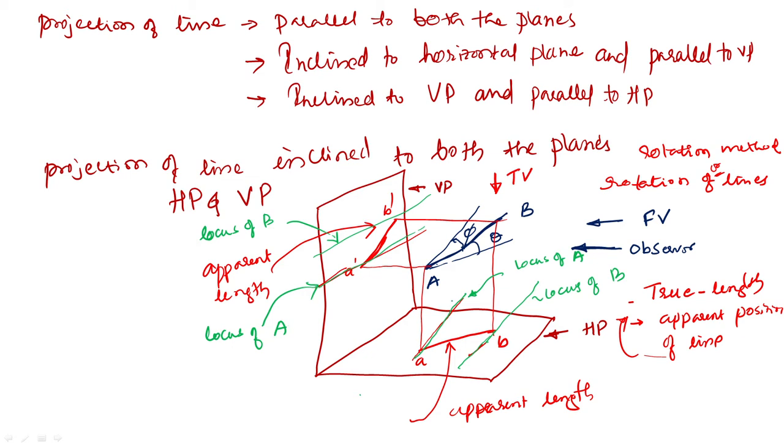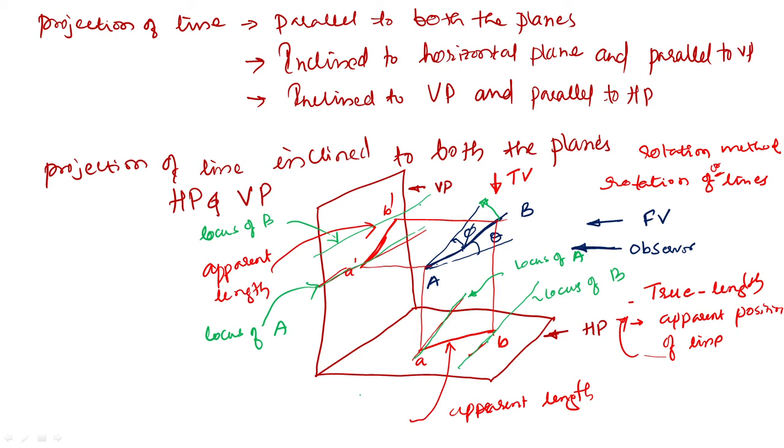Right? Now, how to trace out the point B? With respect to the position of point B, you need to rotate it to a vertical plane orientation. This rotation is to be done to be parallel to the vertical plane.